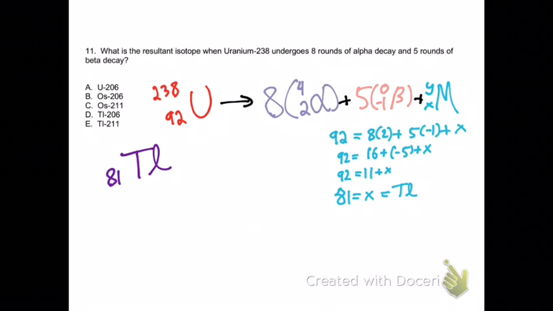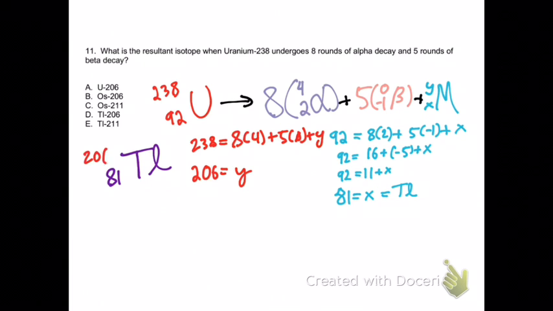So we have 238 is equal to 8 times 4 plus 5 times 0 plus Y. So we'll subtract 8 times 4, which is 32, from both sides and get 206, and that's going to be equal to Y, which means that we're looking at thallium-206.